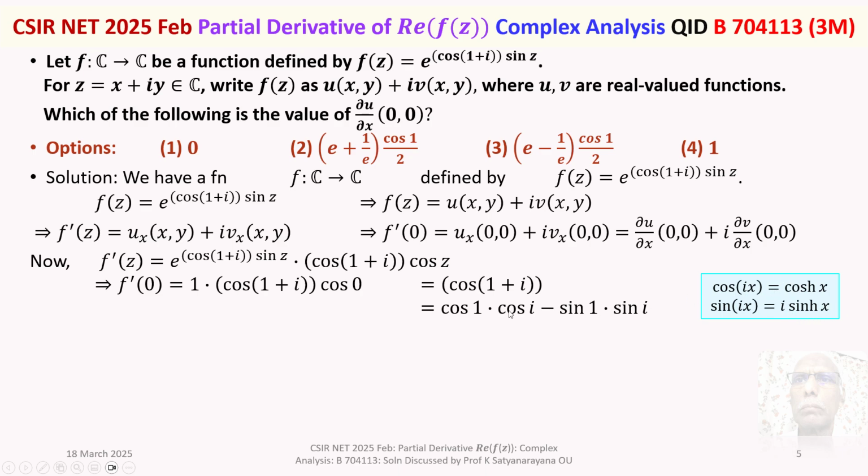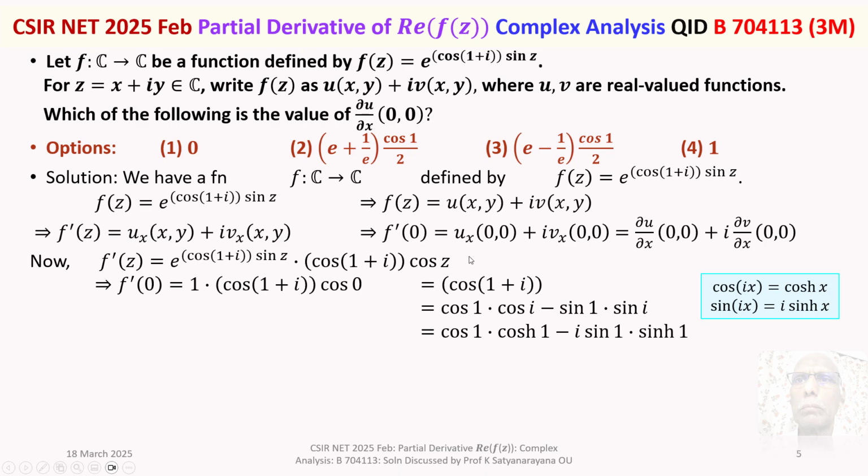So for cos i, we write cosh 1, and for sin i, we write i sinh 1.